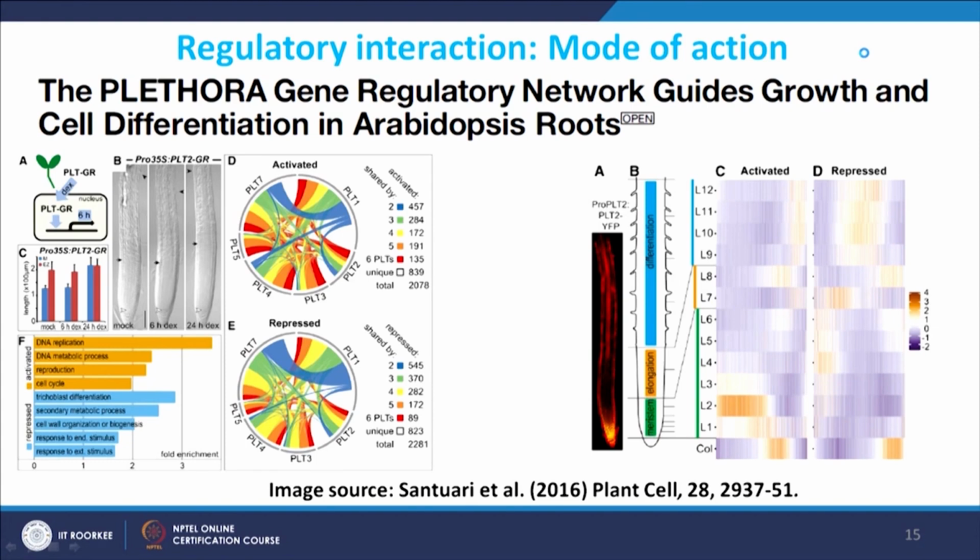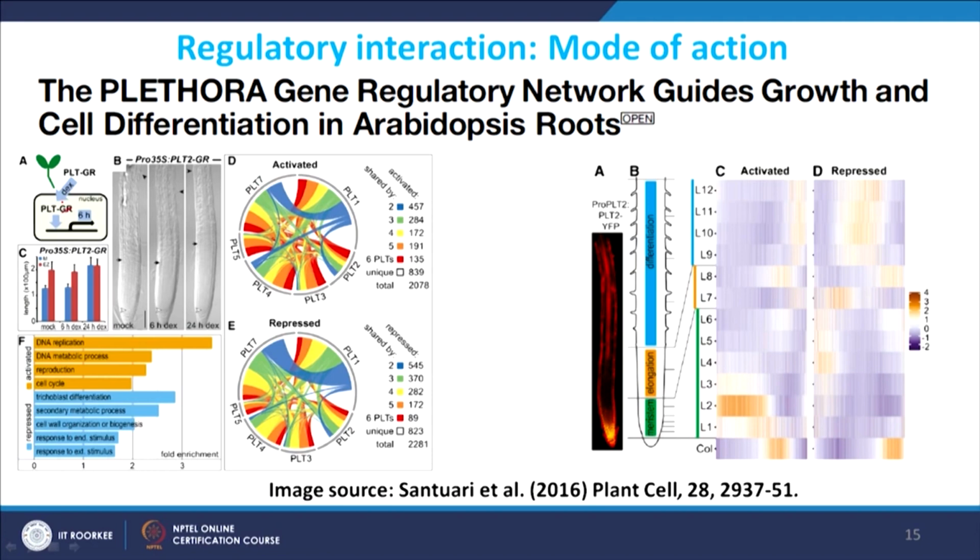And this kind of study has been taken up very recently to identify global genes regulated by PLETHORA genes. So, as I said, there are multiple PLETHORA genes, 1, 2, 3, 4, 5, 6, 7, and what has been done is that the PLETHORA genes were fused with the glucocorticoid receptor.